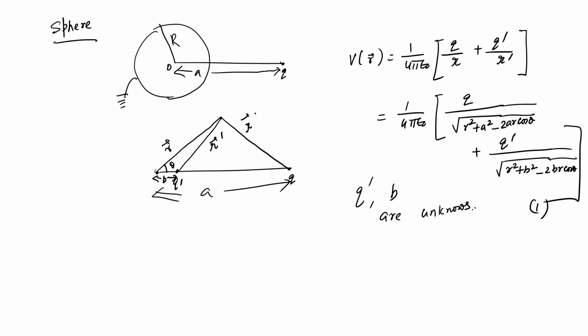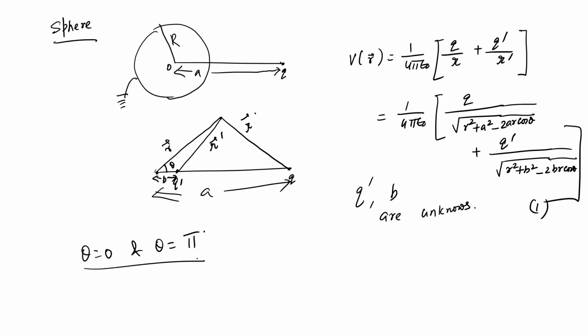And how can we calculate this? We take two useful points. We can take any theta on the surface of the sphere, but we take two thetas which are useful, theta equal to 0 and theta equal to pi, in which the cosine takes values which are simple, either 1 or minus 1.